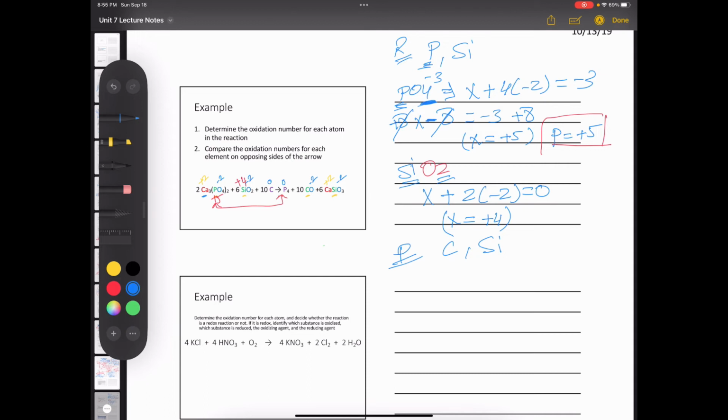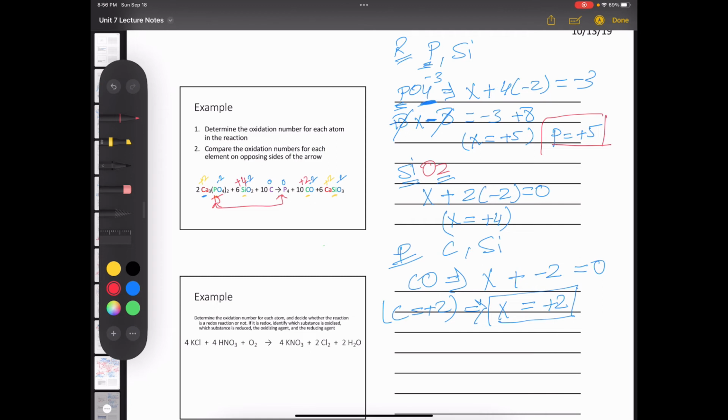So for the carbon I have CO, which means we'll have X plus negative 2 equal to 0. X equal to positive 2. So the oxidation number for carbon is positive 2. This one is a positive 2 for the carbon.